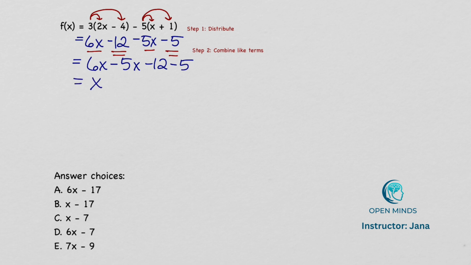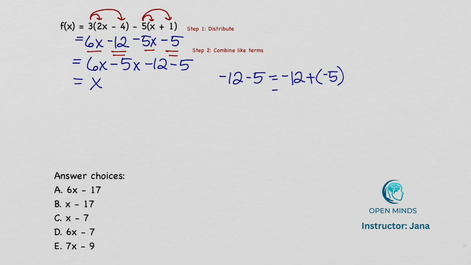For negative 12 minus 5, for my people who struggle with your signs, remember that we can use a little saying, a technique called keep, change, flip, or keep, change, opposite. Keep the sign on the negative 12, change your operation, and then flip the sign to a negative 5 here.